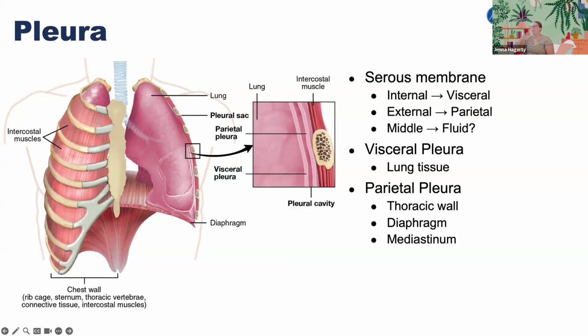And if we recall, simple squamous epithelium is a single layer of tissue, so it's extremely thin. When we look at the lung, it's really what gives the lung that shine. Again, if you were in lab, you'd be able to take that tissue off the wall, because you can grab onto the parietal pleura.